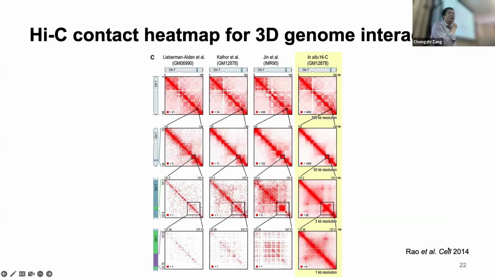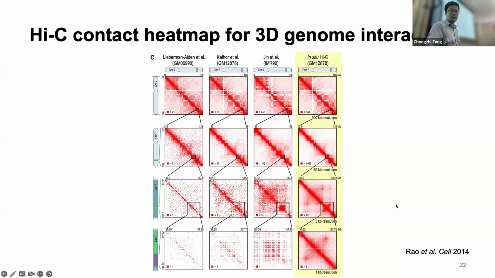Okay, now we'll move on to see how we visualize the more complicated contact map for 3D genome interaction. From the earlier lecture this morning, we know Hi-C is a technology to measure the three-dimensional architecture of the genome, or high-order chromatin interactions.